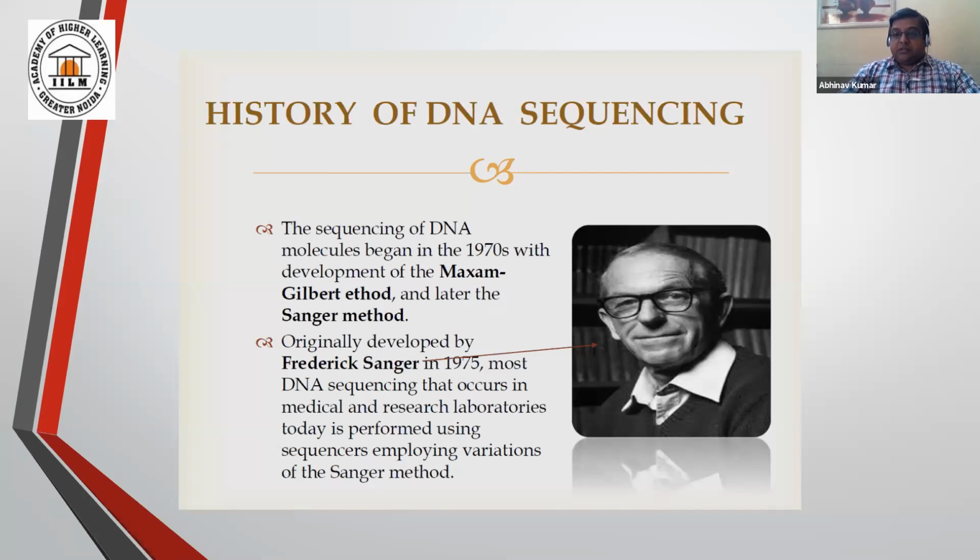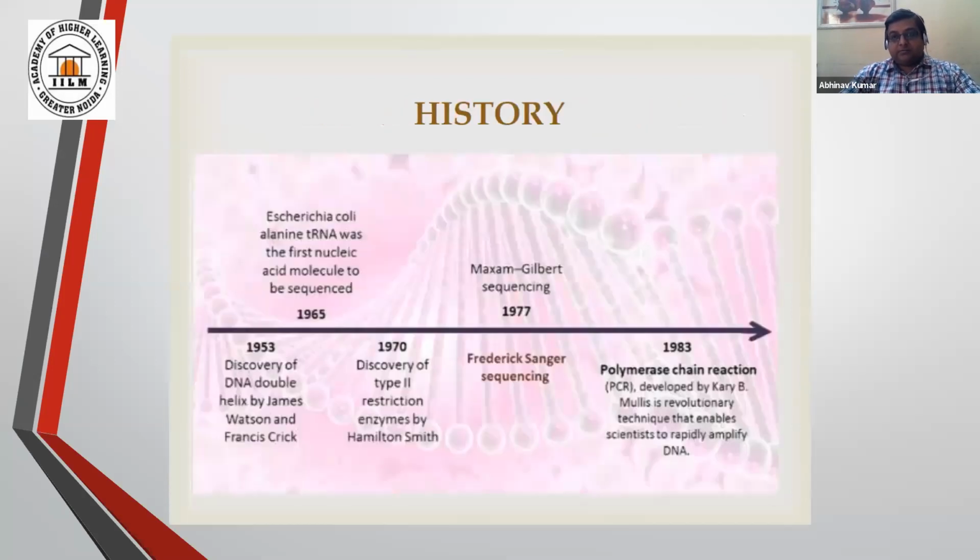And the DNA sequencing, whatever is in use today, either in forensic science or any research laboratory, they just follow blindly the method which is proposed by this scientist. So this is the history timeline.